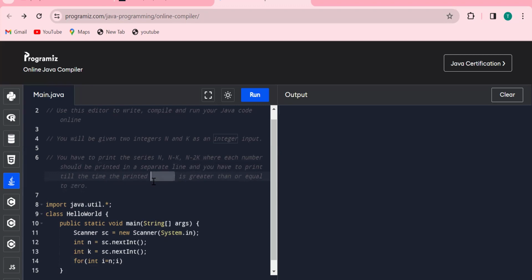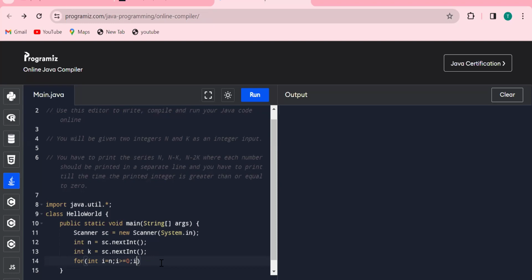So i starts from n and the condition is that i should be greater than or equal to 0.